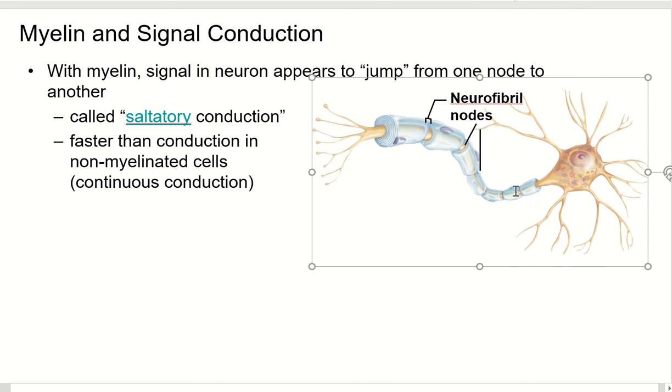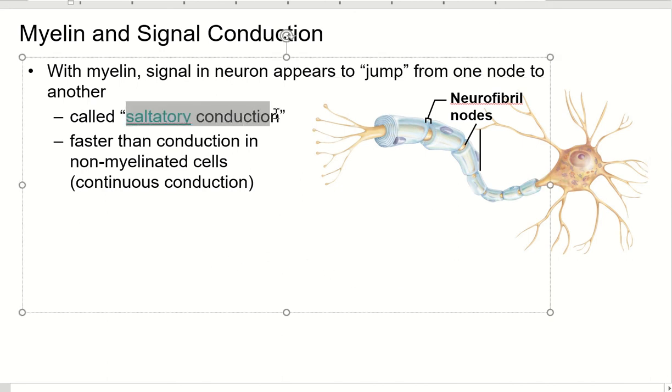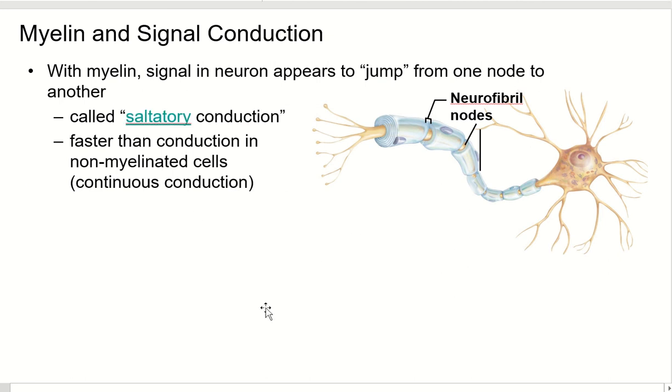We can only see it when it gets to these neurofibril nodes, these little gaps. So when we're measuring, it looks like the signal jumps from here to here to here to here to here to here to here. So it looks like it jumps from one node to another. That kind of movement is called saltatory conduction. And it comes from this word saltatory that means to jump.